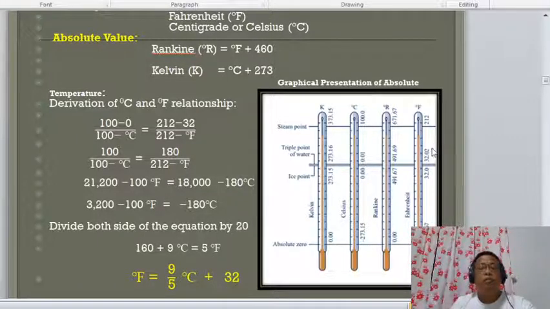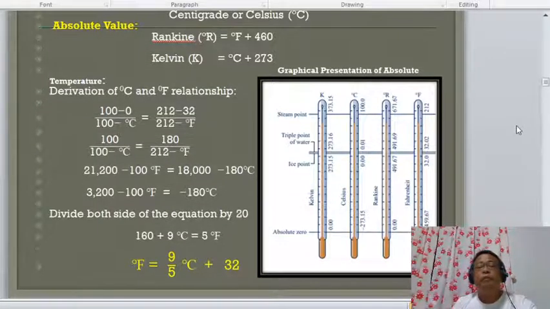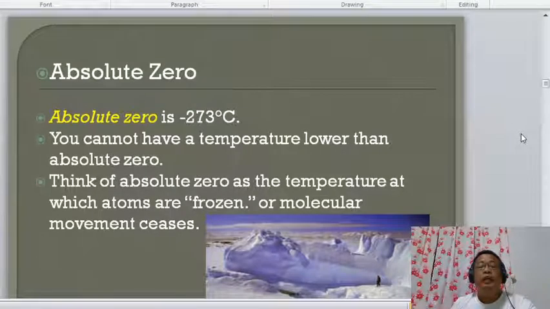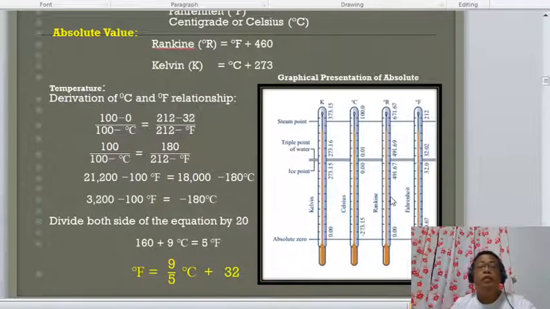So we can also look at the graphical presentation of the absolute value. Okay. So in this graphical presentation, we now see the comparison of the four temperature scales.